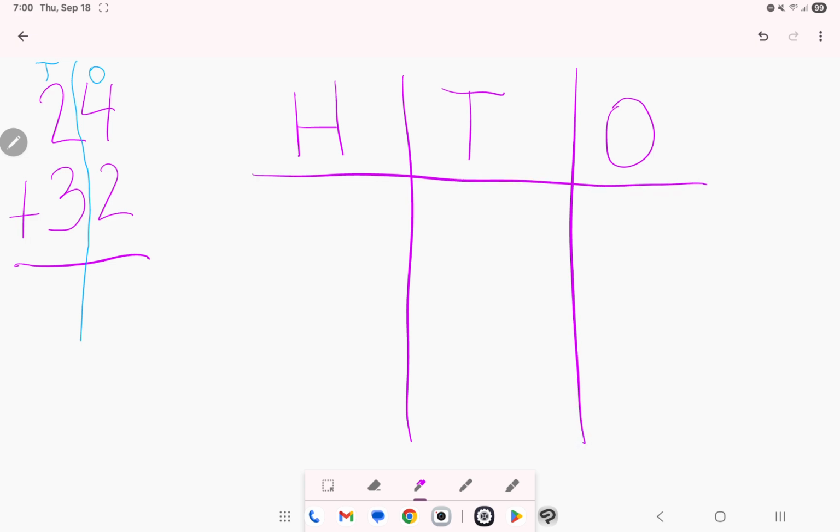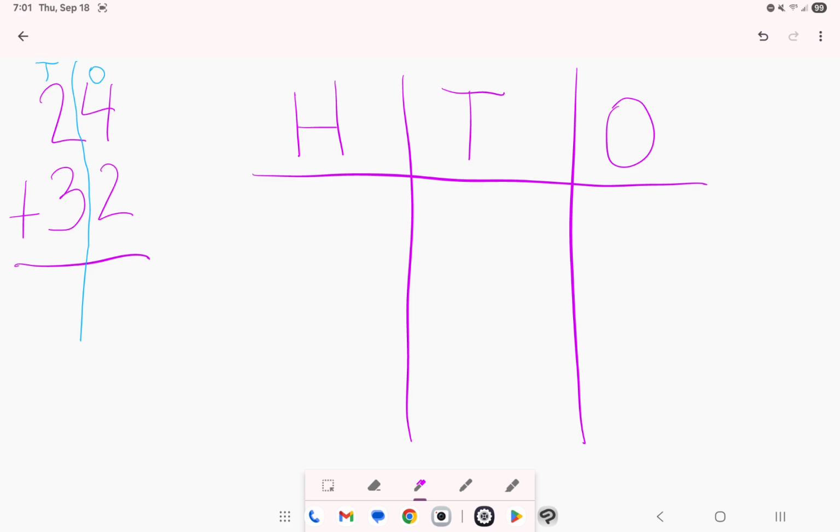So when solving addition problems, you always start by representing both sets of numbers, or if it's like 4 sets of two-digit numbers, whatever, you represent all of the numbers by building them in the HTO chart. So we're going to start with 24. So we'll start with the tens.